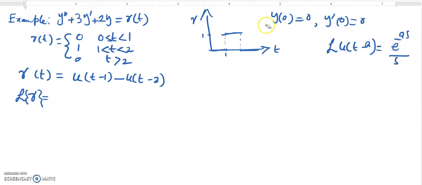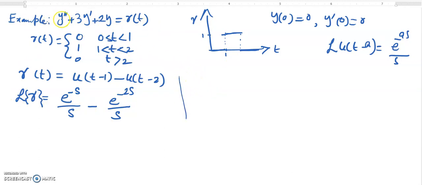In this case it will be e power minus s over s, because a is 1, and for this a is 2, so e power minus 2s over s.